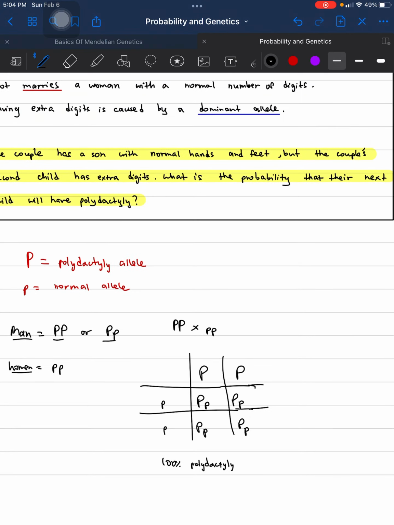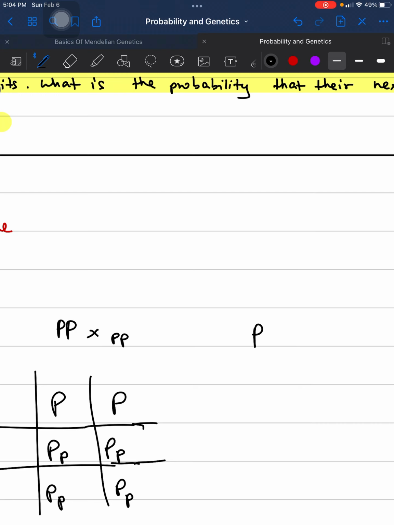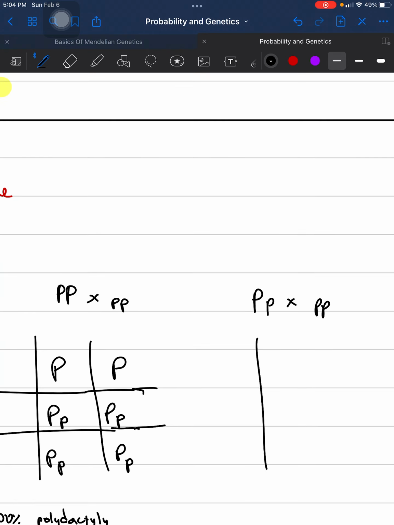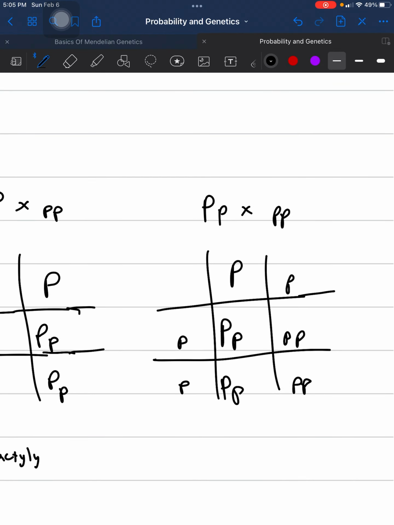Now let's say we cross heterozygous times homozygous recessive. When we do this, we get capital P, lowercase p, capital P, lowercase p, lowercase p, lowercase p.